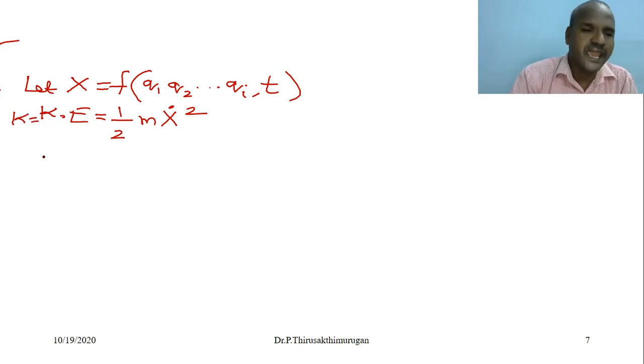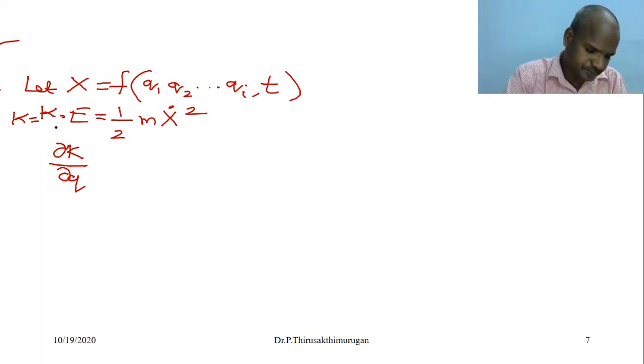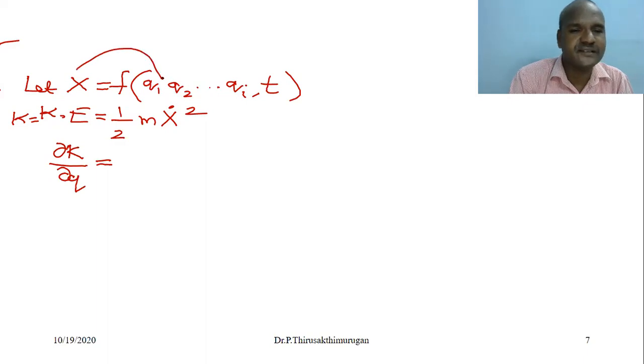First we have to apply the partial derivative: dou K by dou q. With respect to x only, because x is a function of q. So we are differentiating the kinetic energy with respect to q.